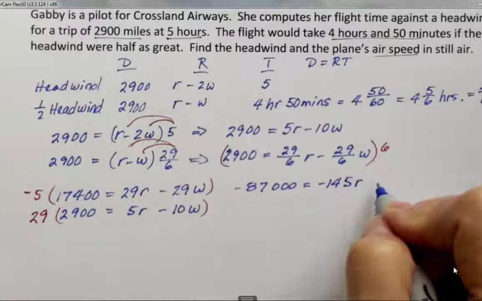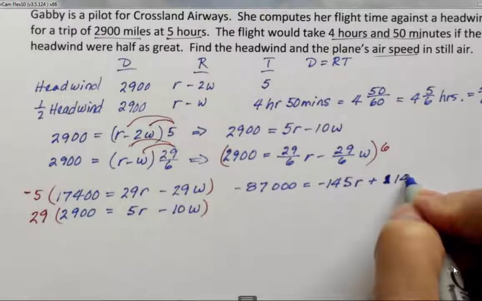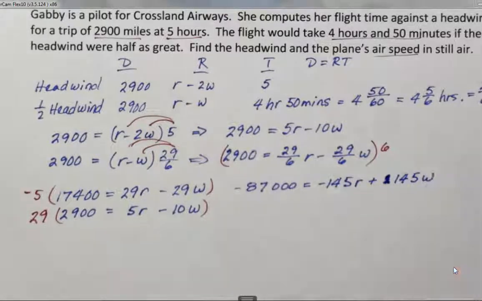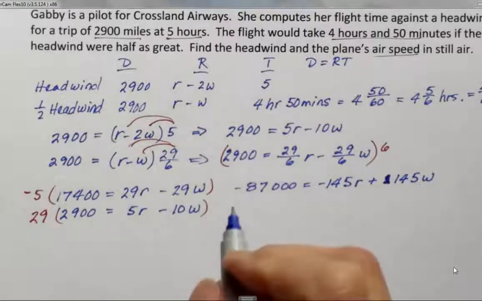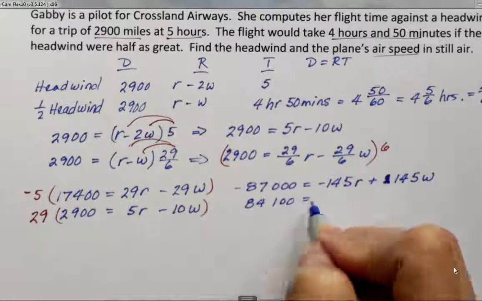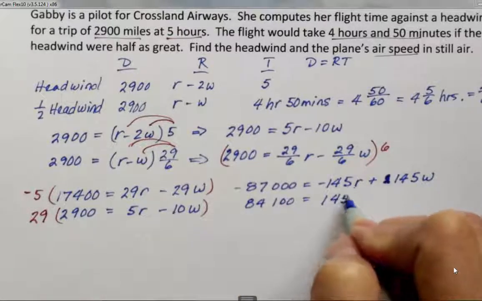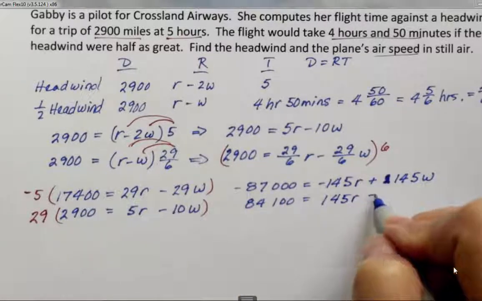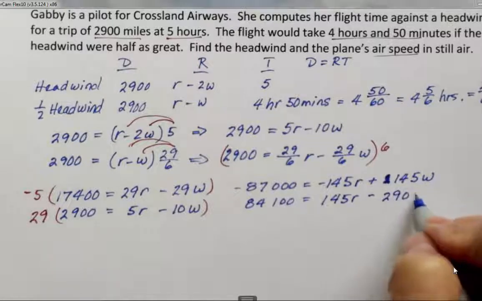negative 145r plus 145w. And then the second equation becomes 84,100 equals 145r minus 290w.